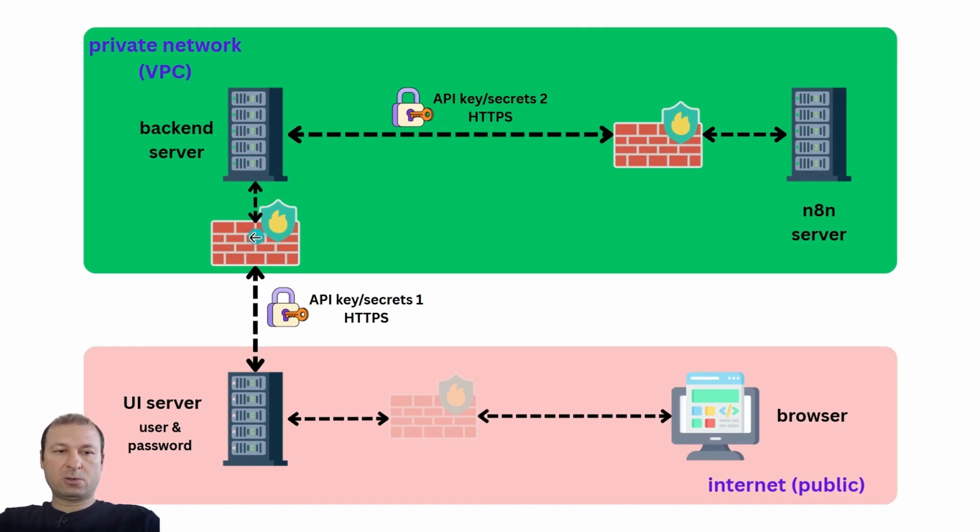Also, a quick note here, usually all these firewalls come with built-in load balancing rules and also some denial of service protection methods. This depends on the cloud provider you choose, but most of them provide this functionality out of the box, or you can purchase separate packages where these firewalls act also as a load balancer, meaning in case you have here a cluster of multiple backend servers, the firewall will manage the traffic to all these backend servers, so no one specific server will be overwhelmed by the traffic.